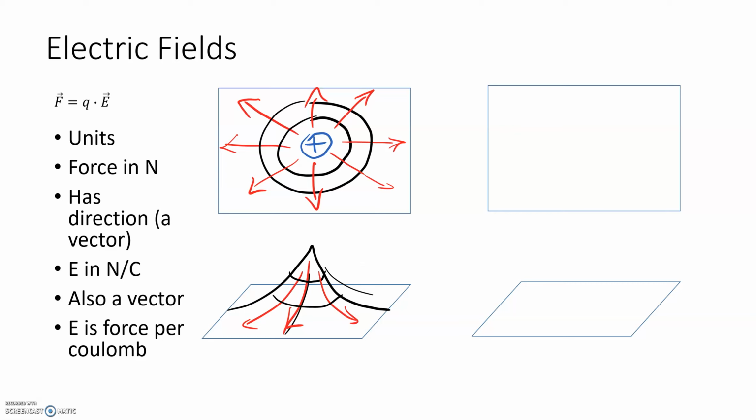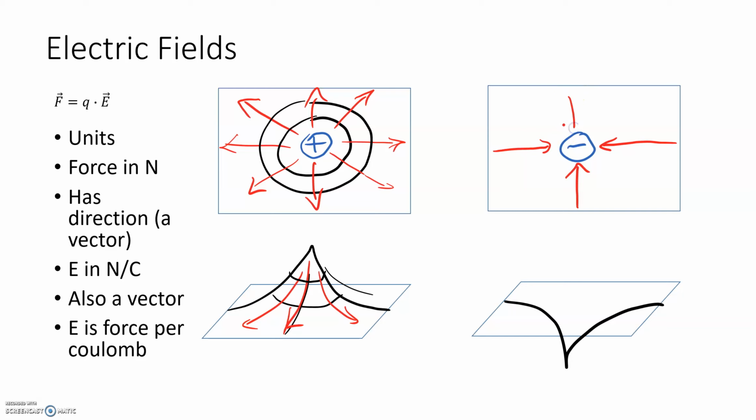If we do the same thing with a negative charge, we're envisioning a pit or a valley. If I put a test charge down near a negative, it's going to flow down and into the hole.